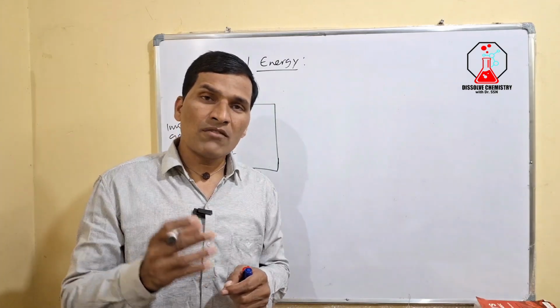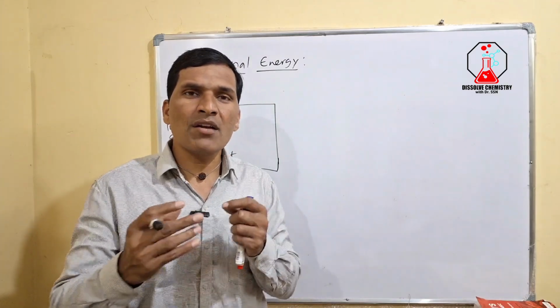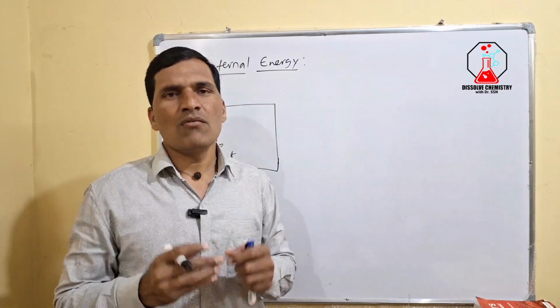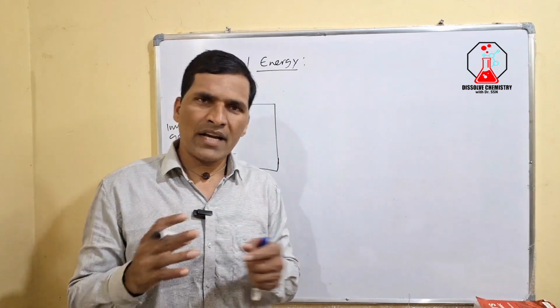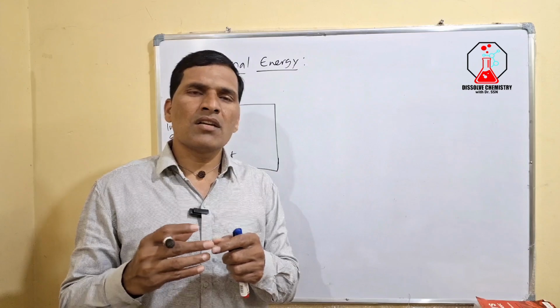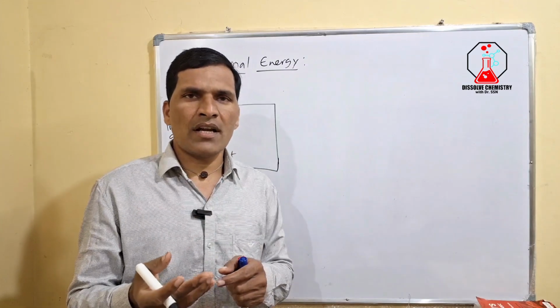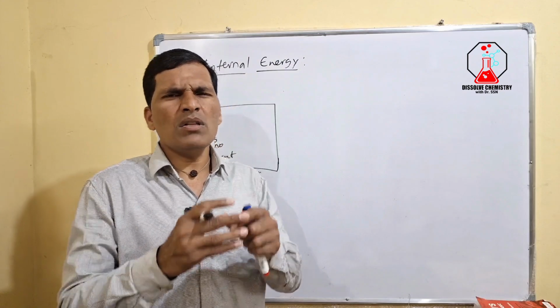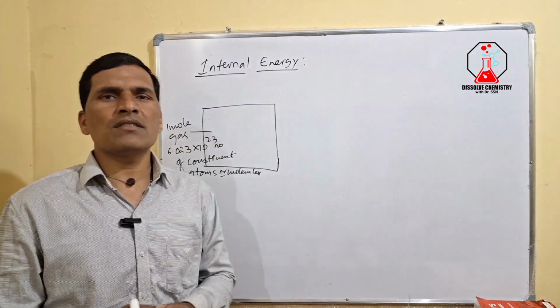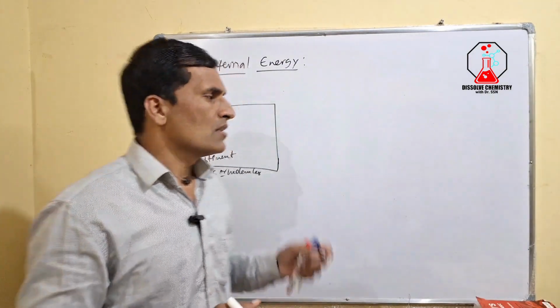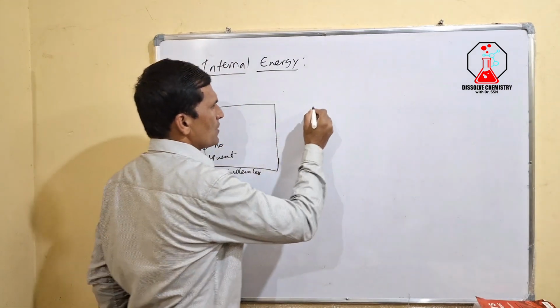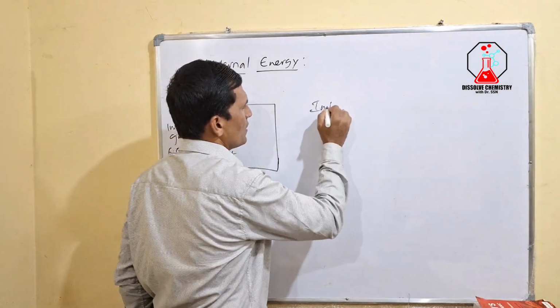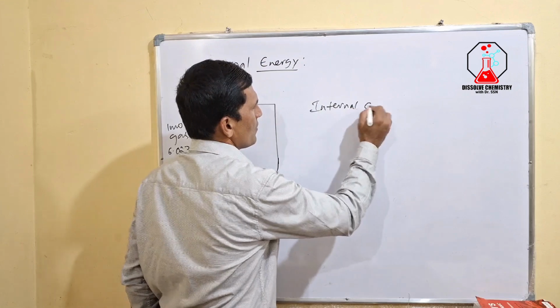Apart from that, they also have intermolecular interactions. One molecule will repel or attract another, or there will be intramolecular interactions, and there will be some bond energies. All these different types of energies associated with the system, put together, we call the internal energy of the system.